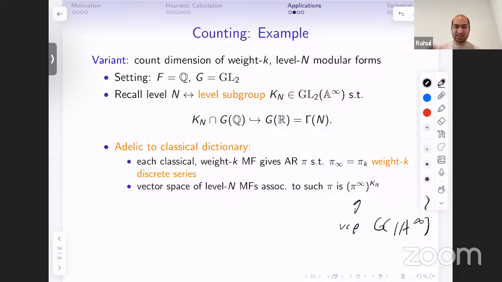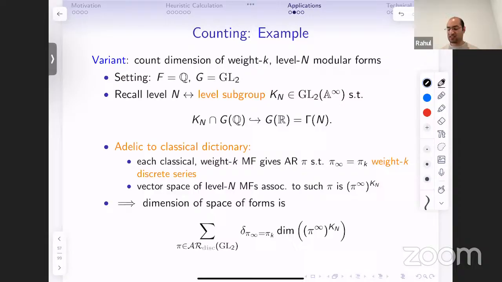So this lets you translate back and forth. And the upshot is, what's the dimension of the space of weight k, level n modular forms? Well, you look at all automorphic representations of GL2 where the infinite component is equal to this weight k discrete series, and for each of those, you sum the dimension of the K_n fixed points of the away from infinity components.